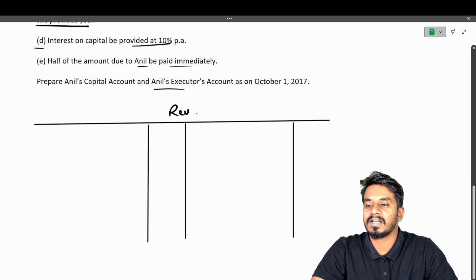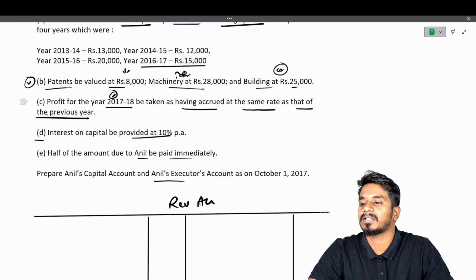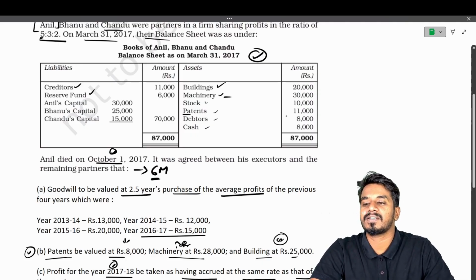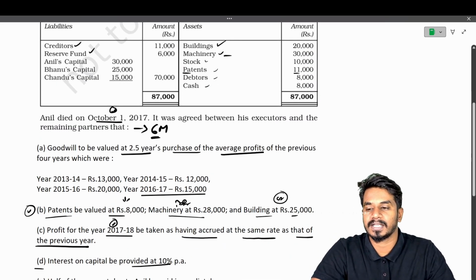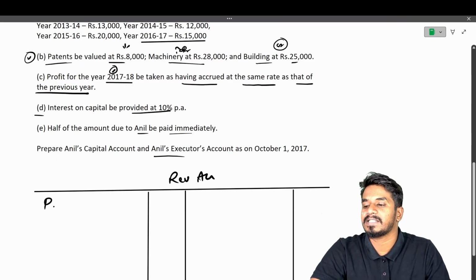So this is your revaluation account. The first item in the revaluation account will be patents. Patents to be valued at 8,000. In the balance sheet the patents value is 11,000. So which means it decreased by how much? Decreased by 3,000.